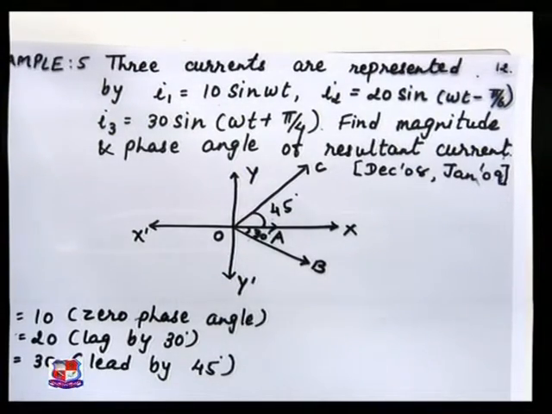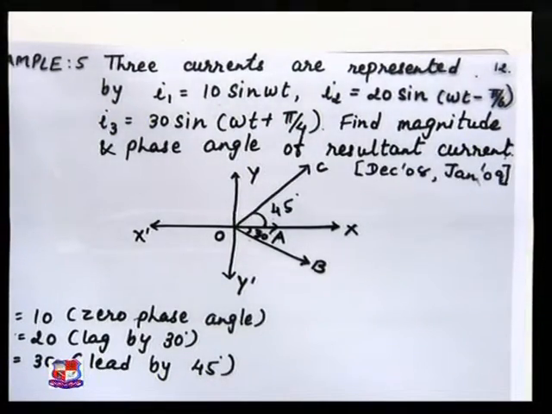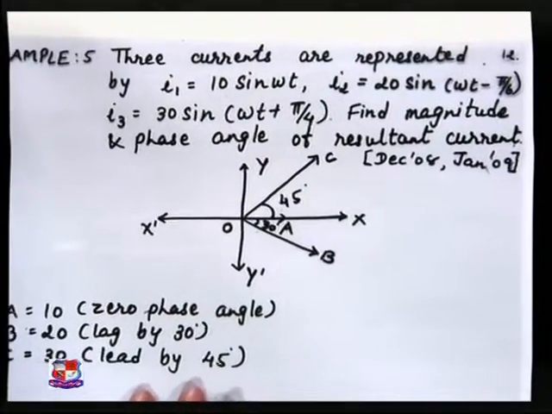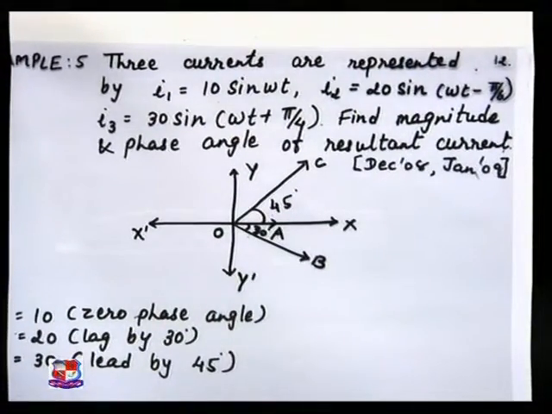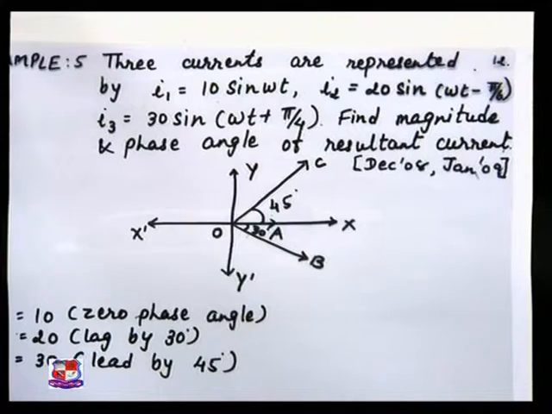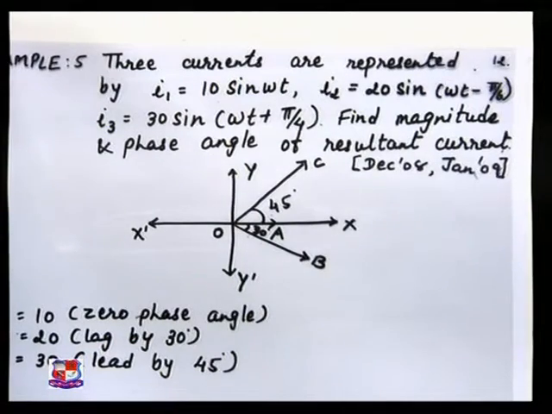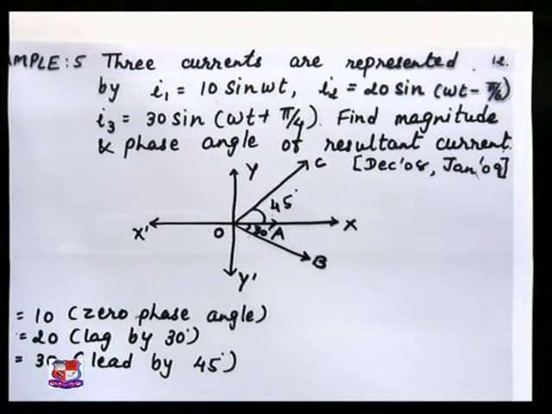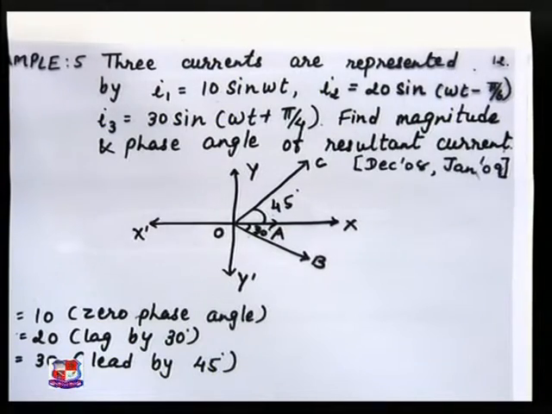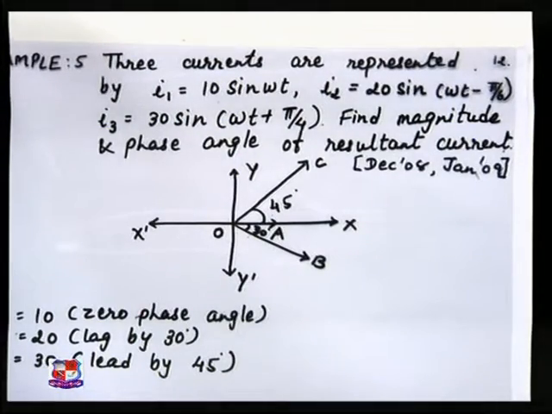For I2, the magnitude is 20 and the phase angle is minus pi by 6, which indicates it is lagging. For I3, the magnitude is 30 and the phase angle is plus pi by 4, which indicates it is leading.